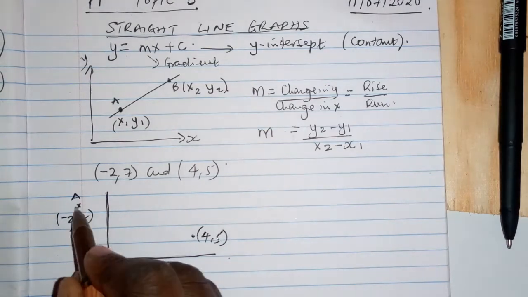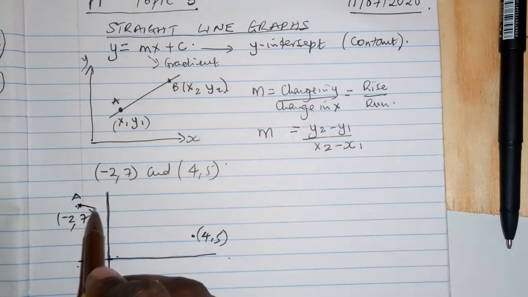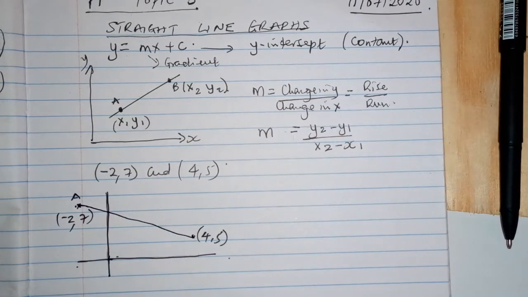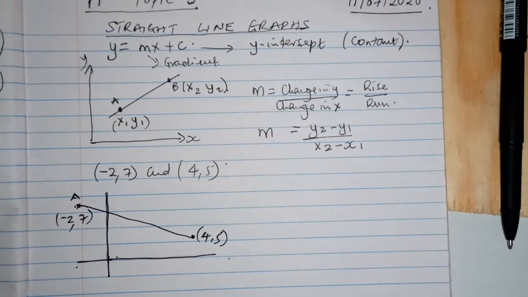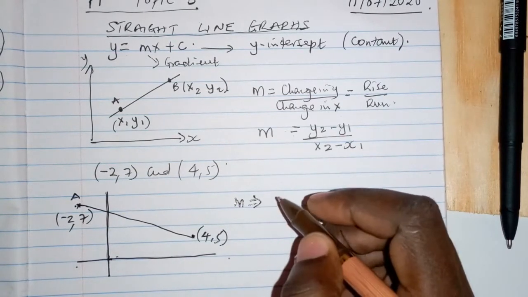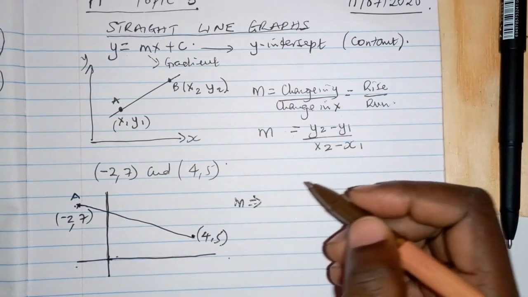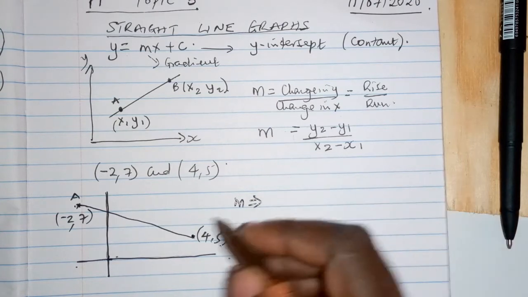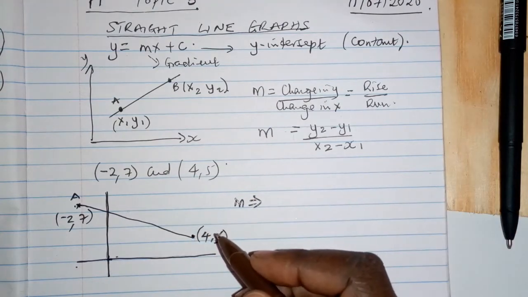We are not supposed to be accurate, but we are just supposed to know that we have a straight line there. So for the gradient m of this particular straight line, it's up to you to choose which is the first point and which is the second point.